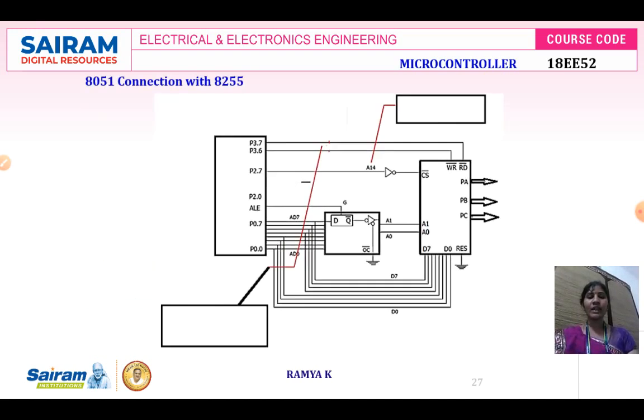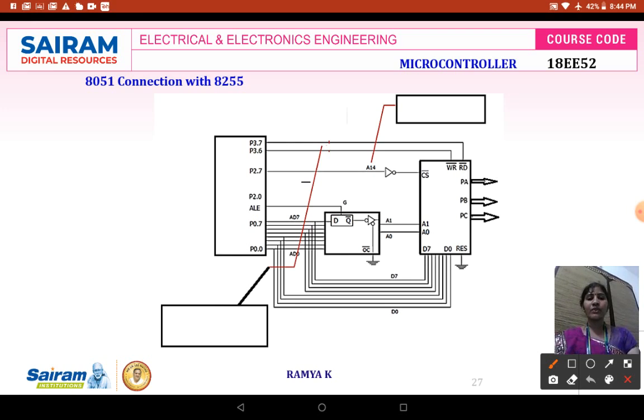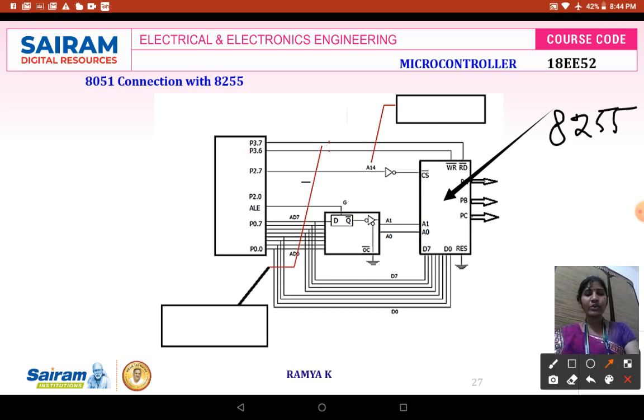8051 connection with 8255. Here we have shown the connection of 8255 with an 8051. This is going to be your 8255, and this is going to be your 8051.